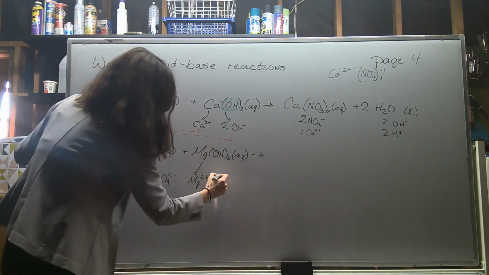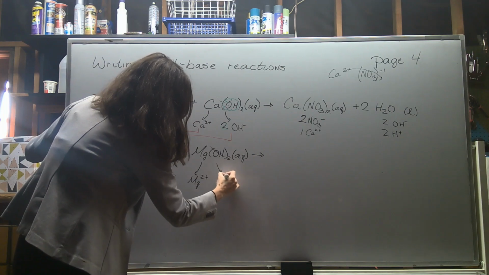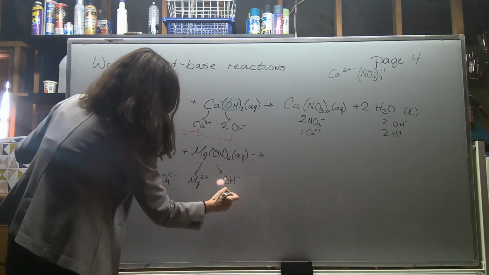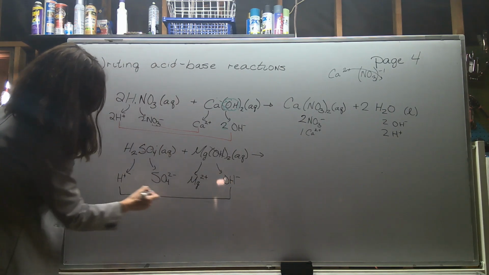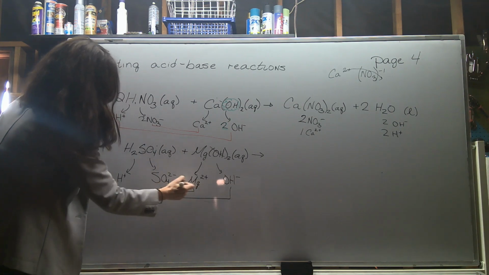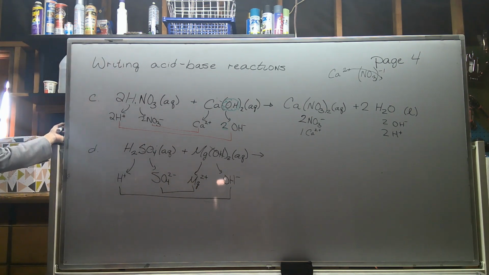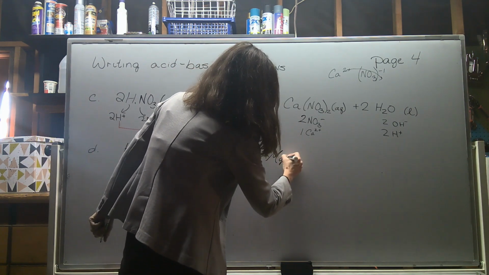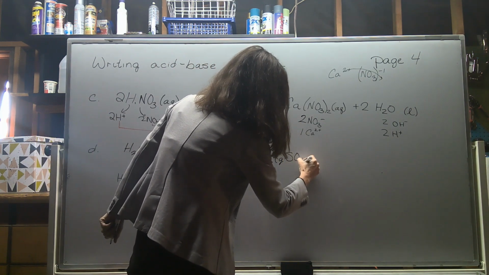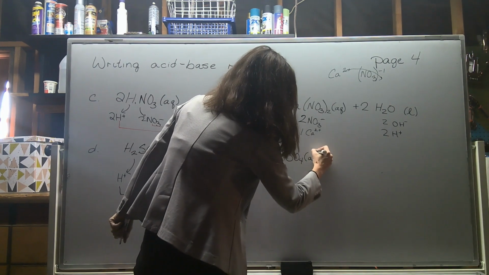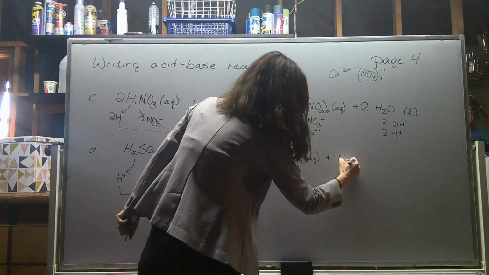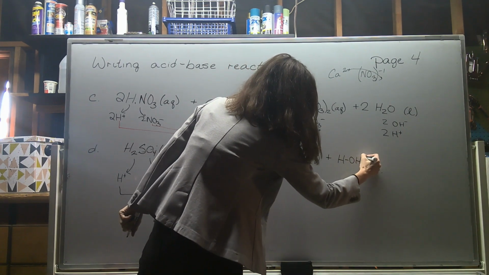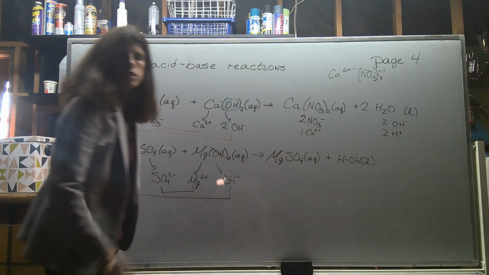Send it back to magnesium, and your other ion is just OH-. Do-si-do. So magnesium 2+ and sulfate, so 2-, will form magnesium sulfate. That's aqueous. And then I'm going to keep the HOH, the water, keep it as a liquid.